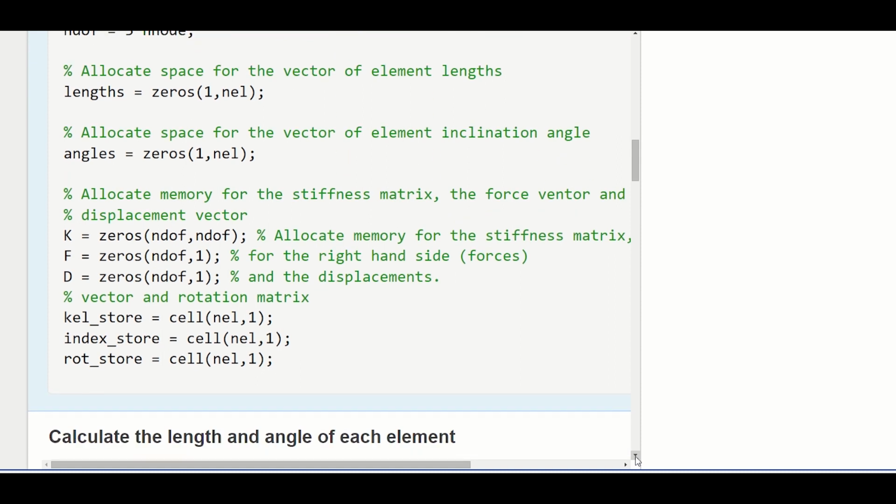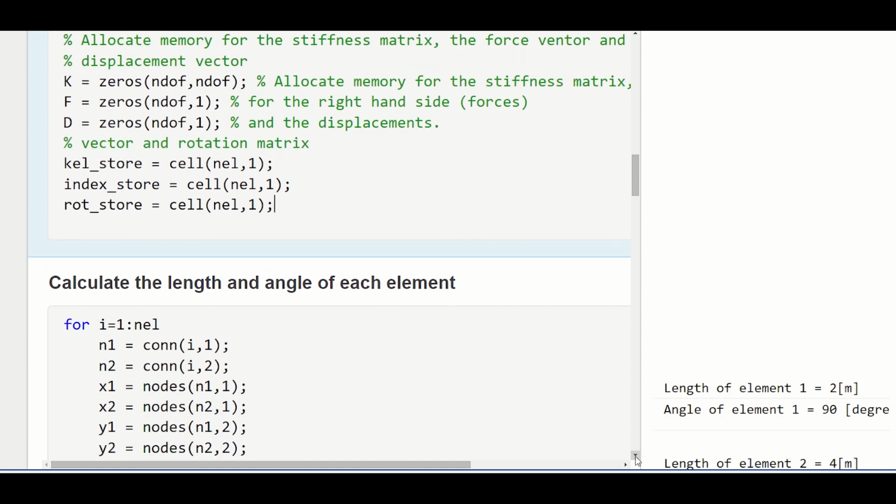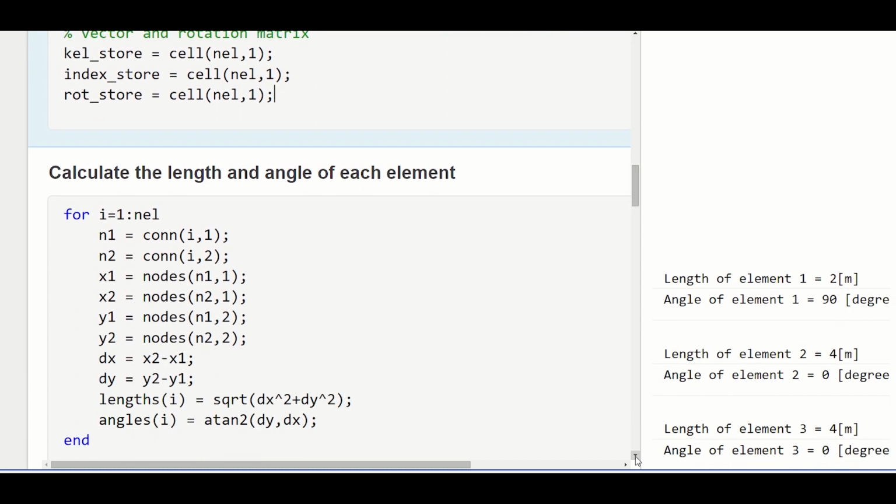First, we want to calculate the length and the angle of each element. So I use a for loop, going through the entire set of elements to find out what your first node and second node are, and then getting the near x and far x and the near y and far y, and finding the difference in x and the difference in y.